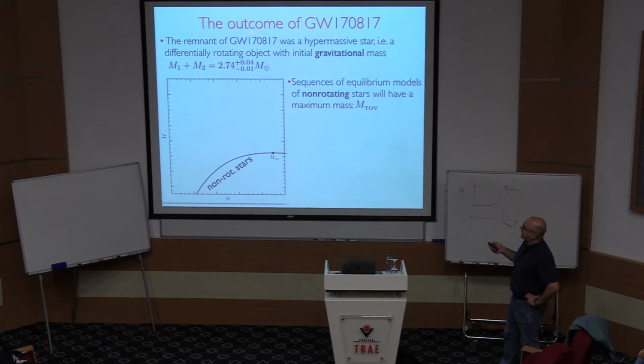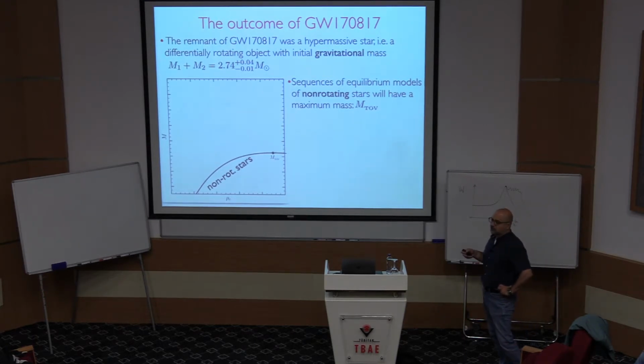How can we use this number to set a limit on the maximum mass of neutron stars? Who knows what is the maximum mass of neutron stars?